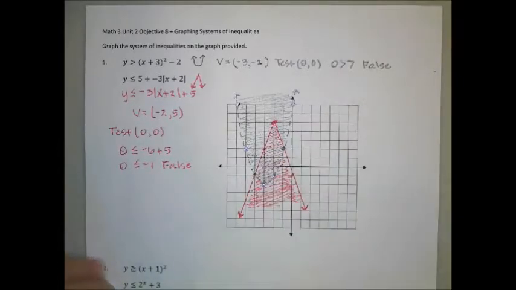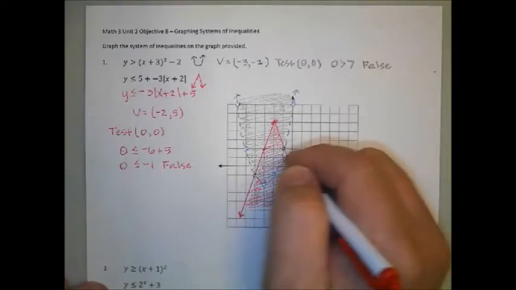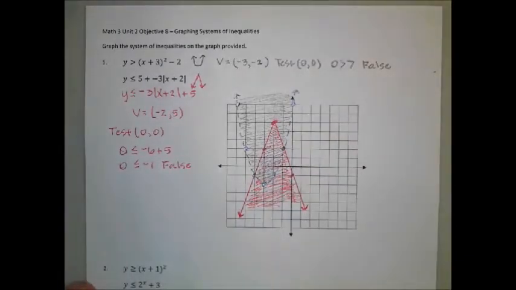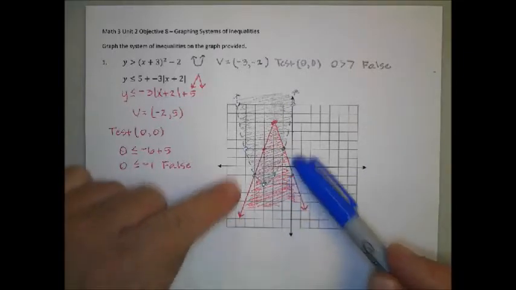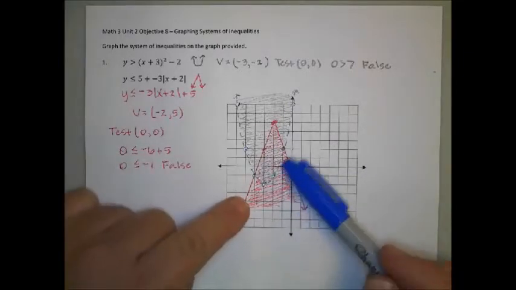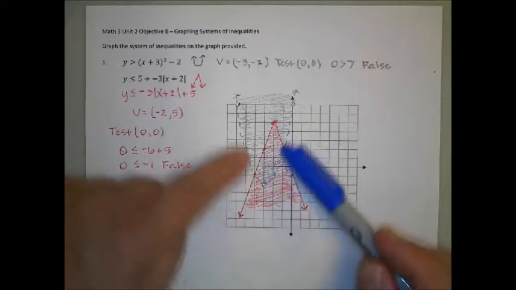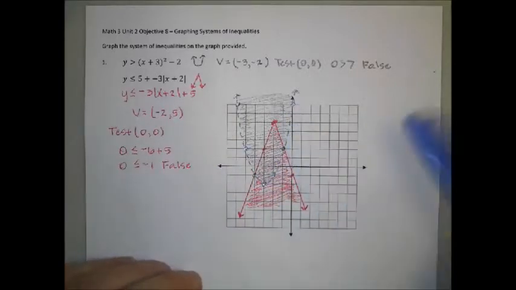Now, the big question is, where's my overlapping area? Because that's actually the solution to the problem. The overlapping area is the area that's inside the V that's going down, but it's also inside the parabola that's going up.